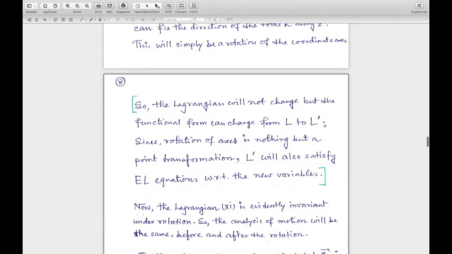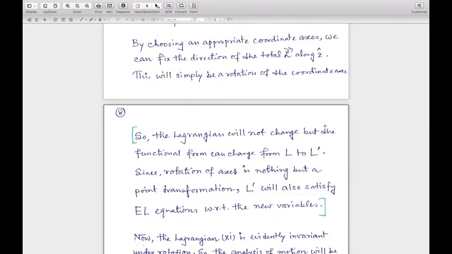So if you just rotate the coordinate axes, it will simply be a point transformation, right? Rotating a coordinate axis by some angle will be just a point transformation.